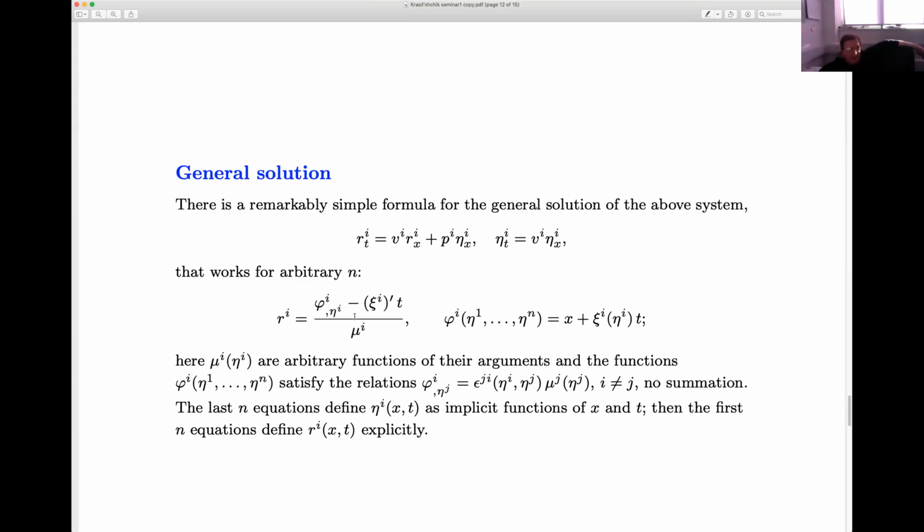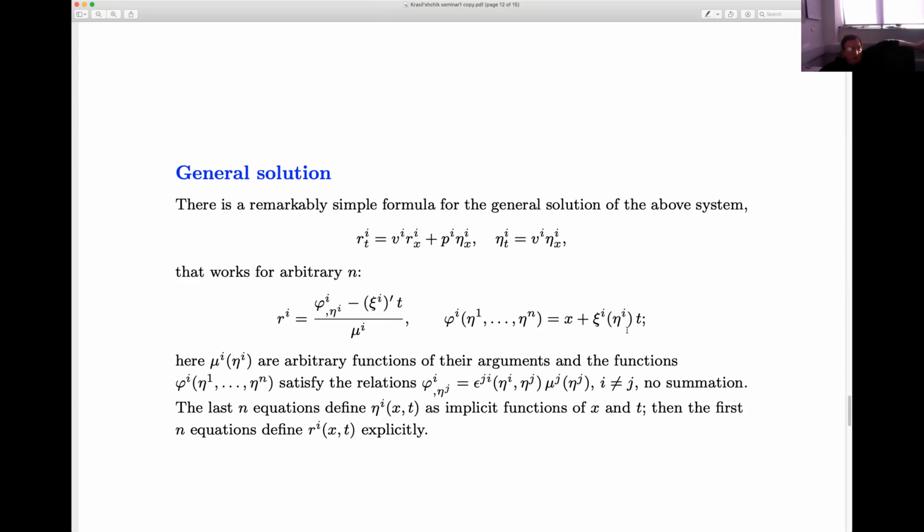Once we know etas, we can reconstruct R's, right? I claim this is a general solution to these equations. In my opinion, these relations are surprisingly simple. They're much simpler than the system itself. Coefficients of the system are really tricky, right? They're quite complicated ratios, rational functions, but these relations are really elementary, right? And this is quite surprising. Now, where do these equations come from?